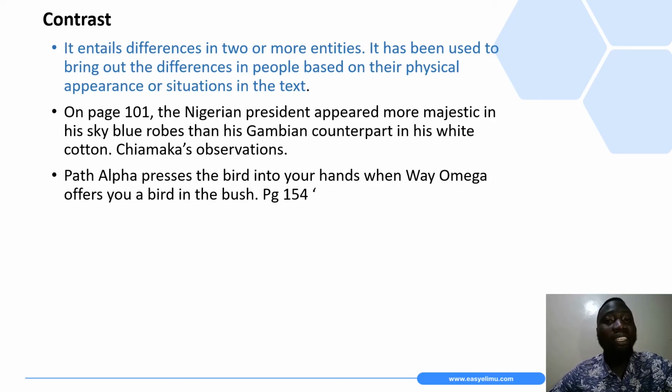So remember, there is this saying that a bird in hand is worth more than two in the bush. So it is more of Path Alpha being something that is already ready, something that is already there, only awaiting implementation, instead of the Way Omega that will take a long time to be implemented and also will result in very many chaos and so on.